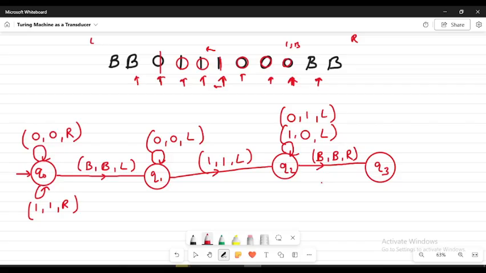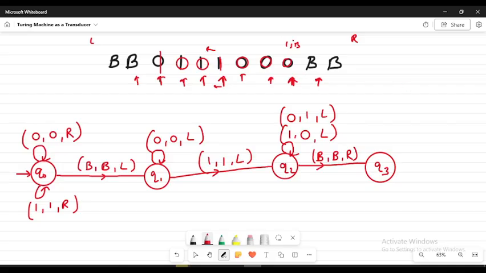This is the halting state. Q3 can be considered a halting state because nothing is defined there, so it will stop there. At the end of the procedure, we stand at Q3, and by that time we have already found the 2's complement of the binary number.